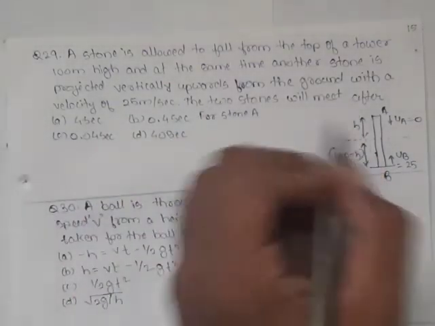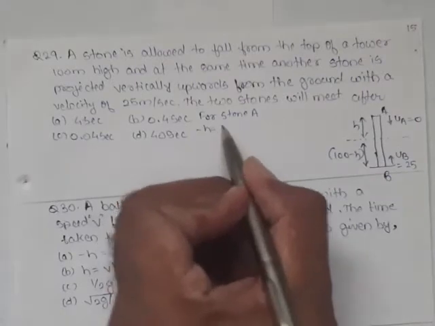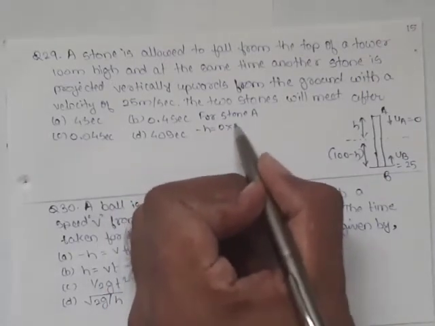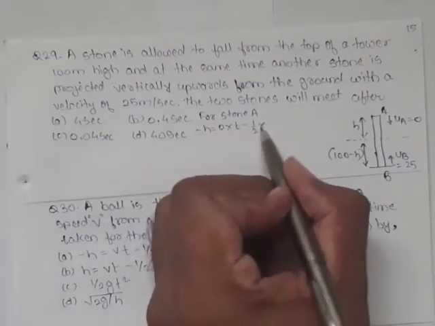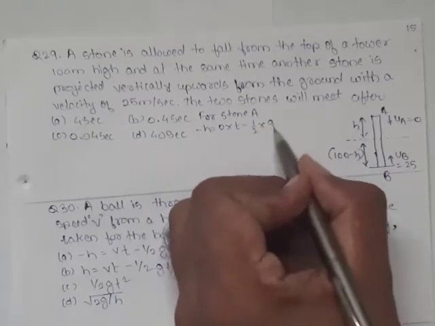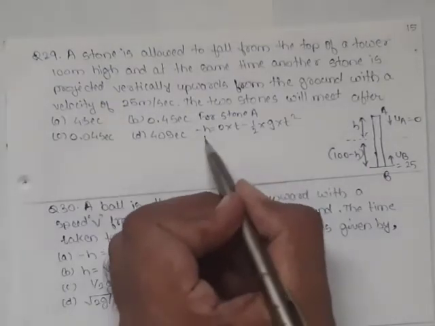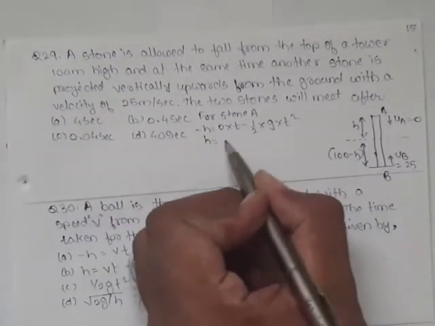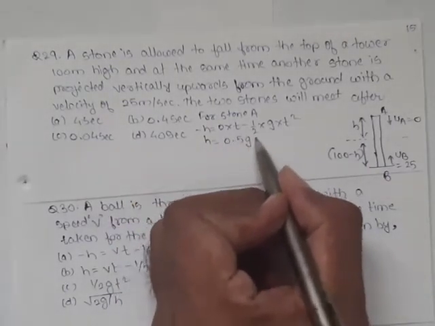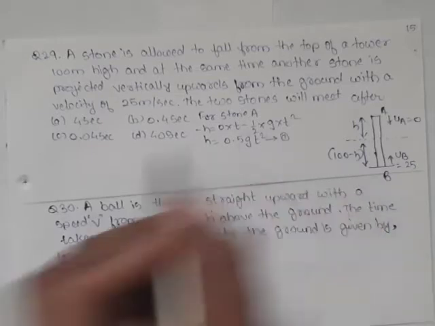Here S is minus h. Initially its velocity is 0 into t, minus 1 half into g into t square. This equation becomes h equals 0.5 g t square. We will call it equation 1.